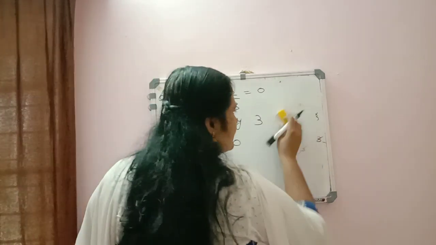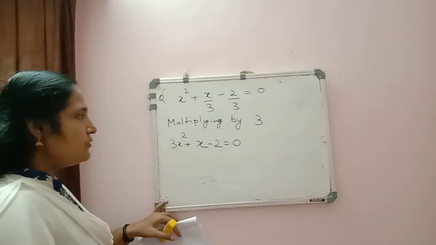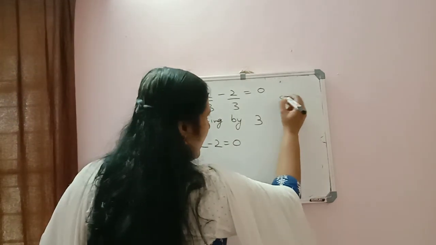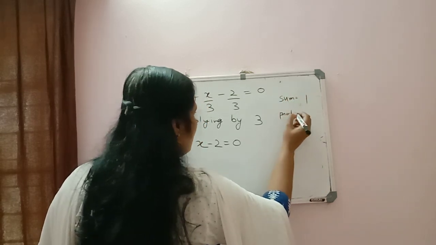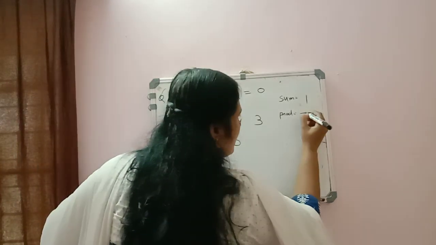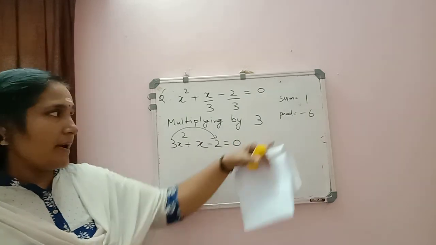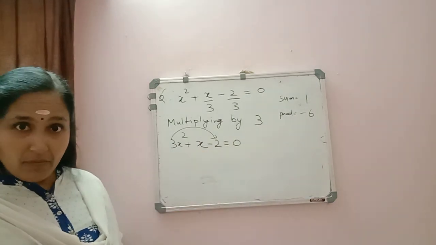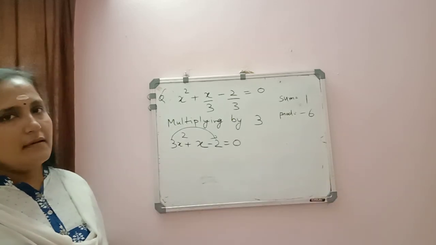Now, same method, we will split the middle term. We have to find two numbers whose sum should be equal to 1 and product is equal to 3 into -2, which is -6. The product is negative, so one number should be negative and we have to do subtraction.